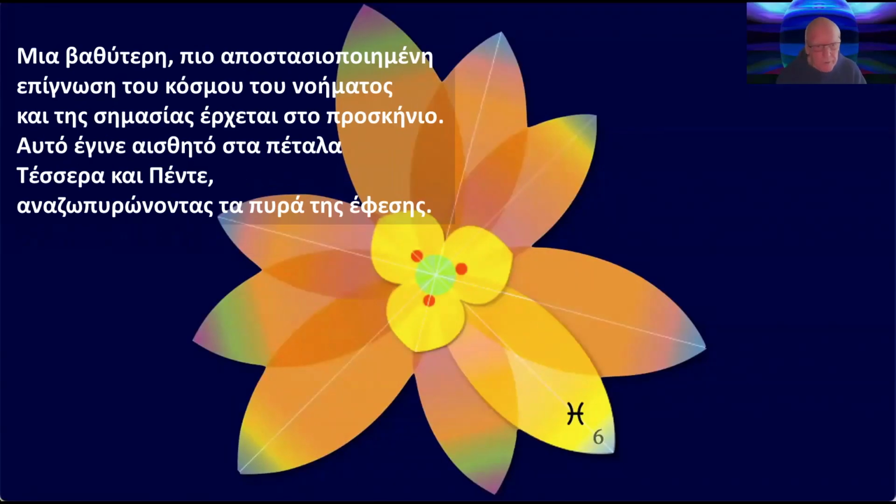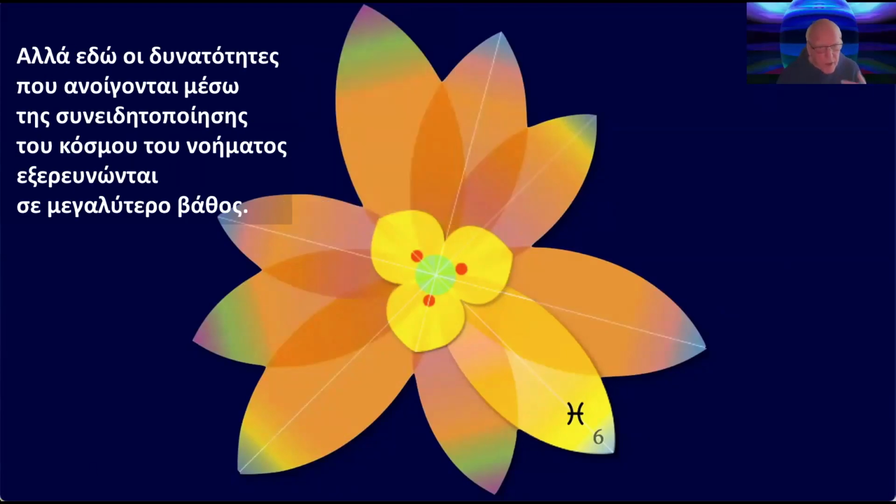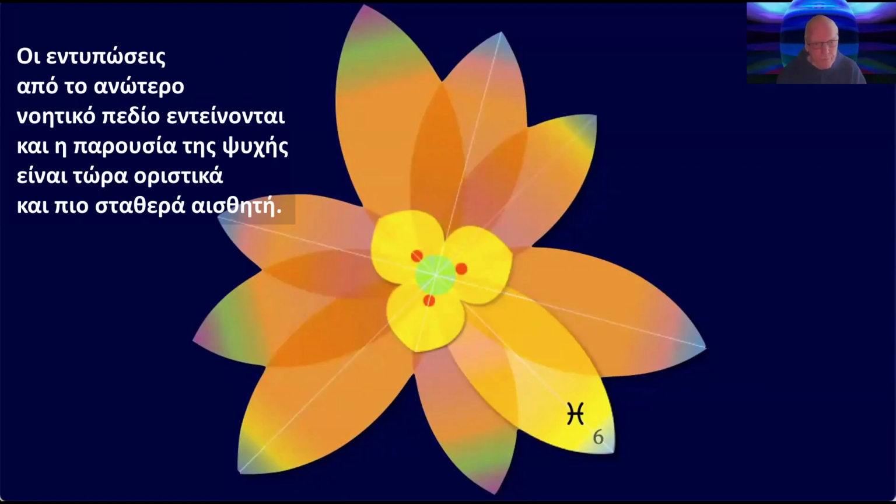A deeper, more detached awareness of the world of meaning and significance comes into focus. This was felt in petals 4 and 5, fanning the flames of aspiration. But here, the possibilities opened through awareness of the world of meaning are more deeply explored.